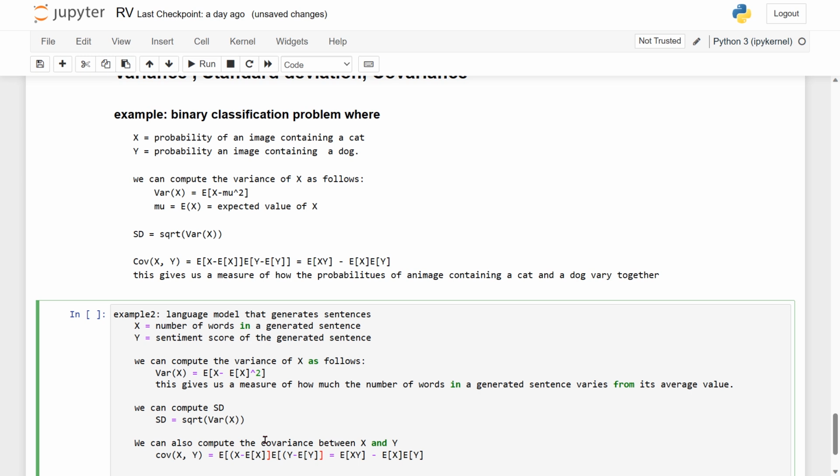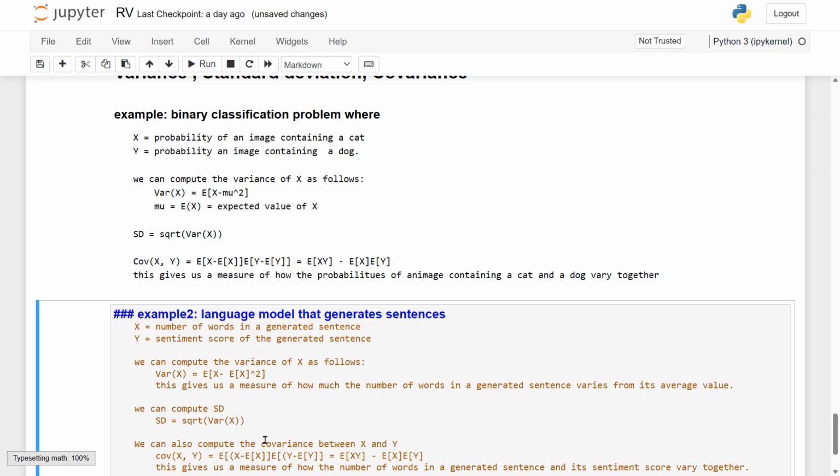This gives us a measure of how the number of words in a generated sentence and its sentiment score vary together.